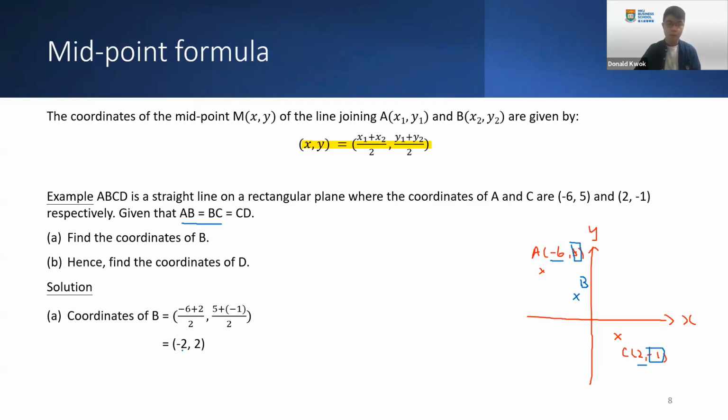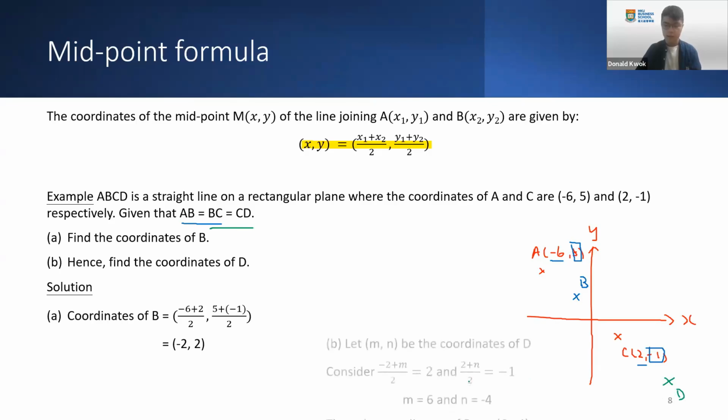All right, finally, for part B, we need to find the coordinates of D. And from the description here, we know that point C is the midpoint of BD. So how can we back out the coordinates of D?